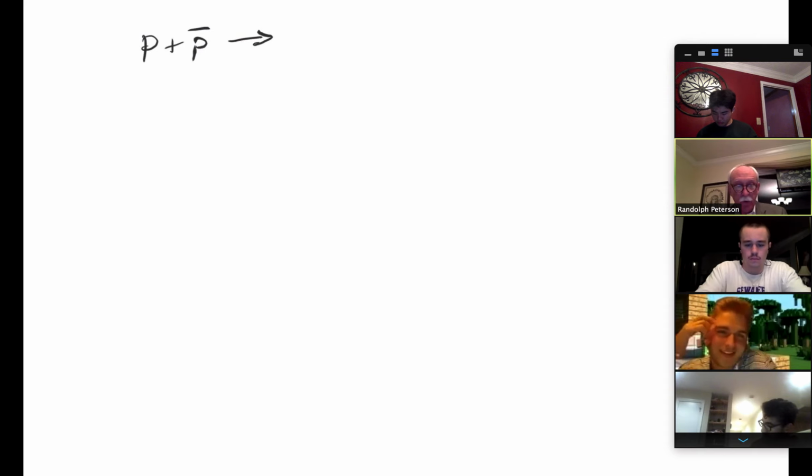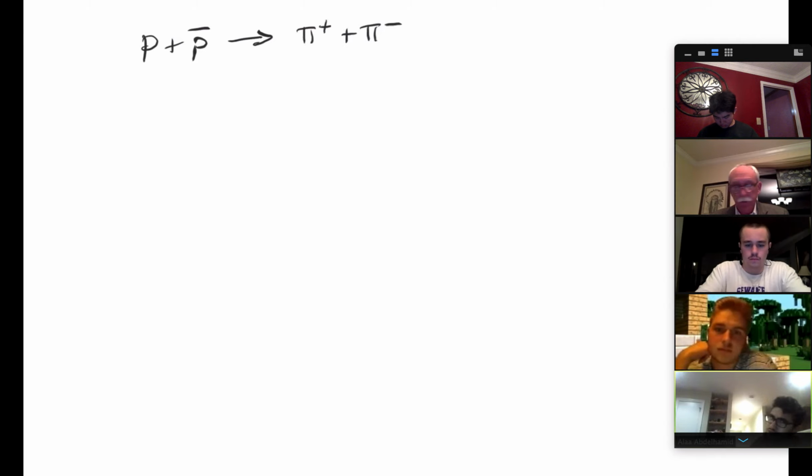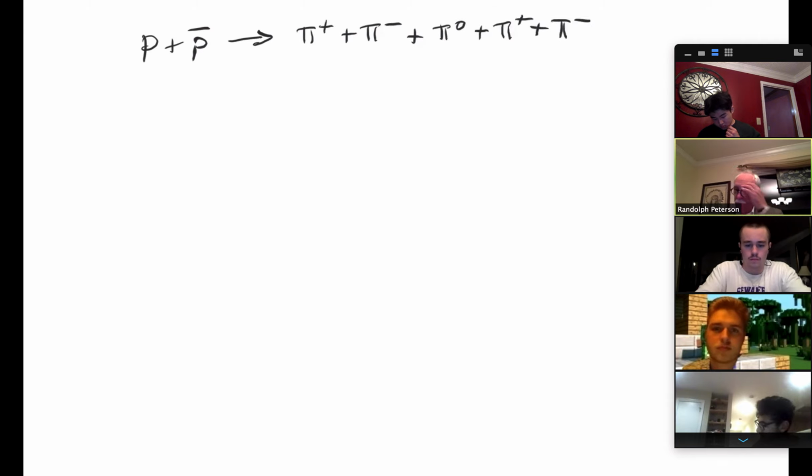That's what they do at CERN. In the strong force interaction, all the conservation laws are conserved, right? Yes. Right. All right.